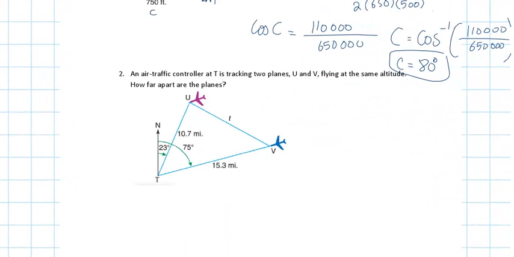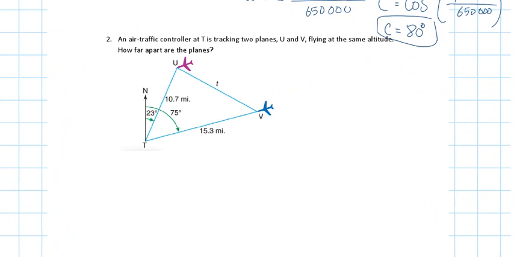So, a typical application question that you see in real job situations. An air traffic controller at T is tracking two planes, U and V, flying at the same altitude. How far apart are the planes? So they want to know how far apart the planes are.